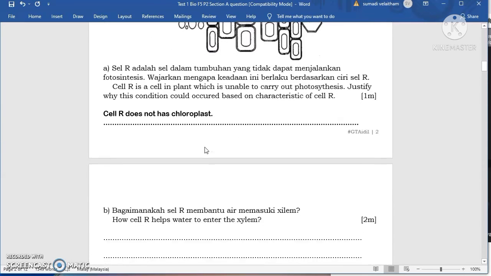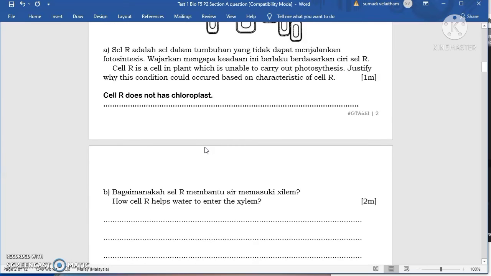Okay, now look at the second question. How does cell R help water to enter the xylem? Cell R is the root hair cell. How does it help the water to enter the xylem?